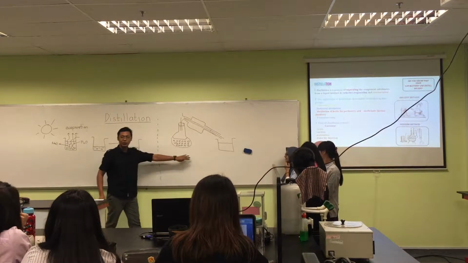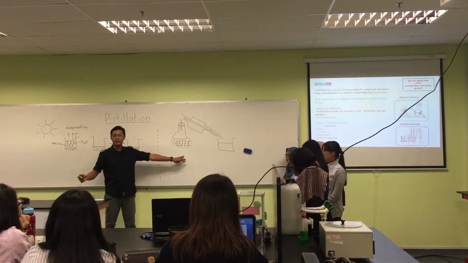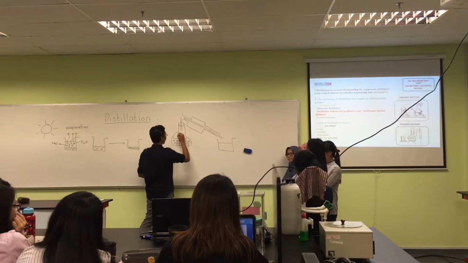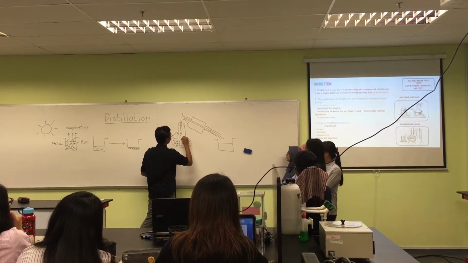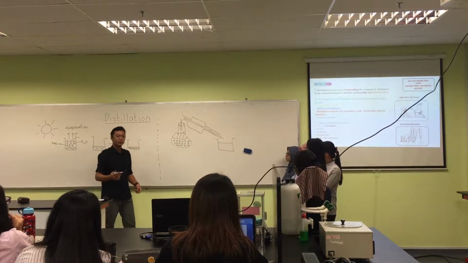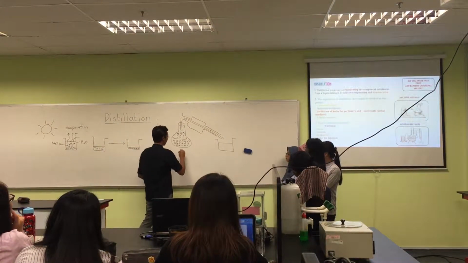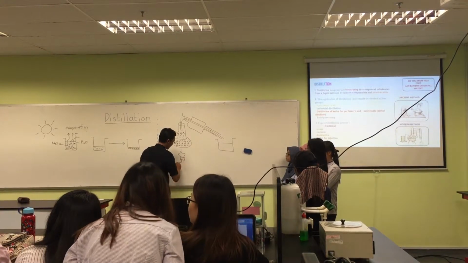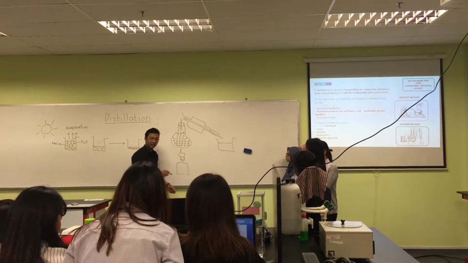During the distillation process, what we need is heat to ensure that the water vapor will evaporate at this side. What sort of heat do we have in the lab? We have a Bunsen burner. A Bunsen burner may take a shorter time than a lighter or matches.